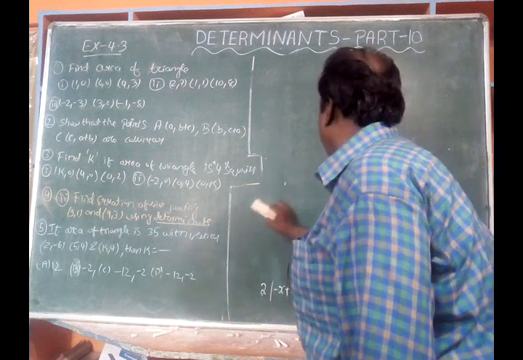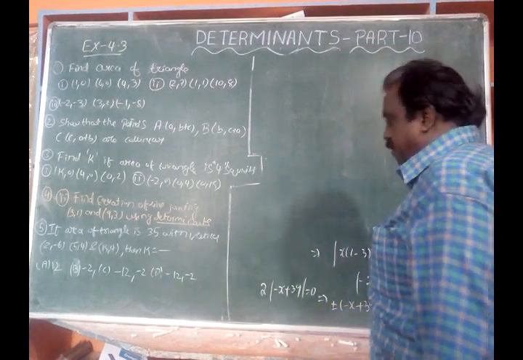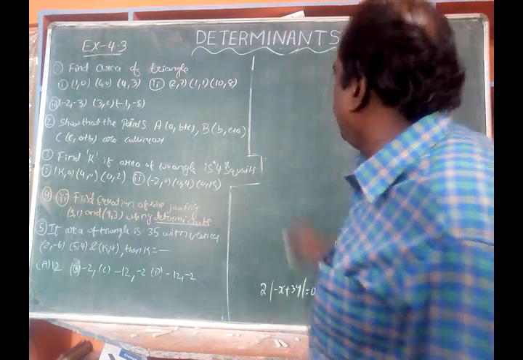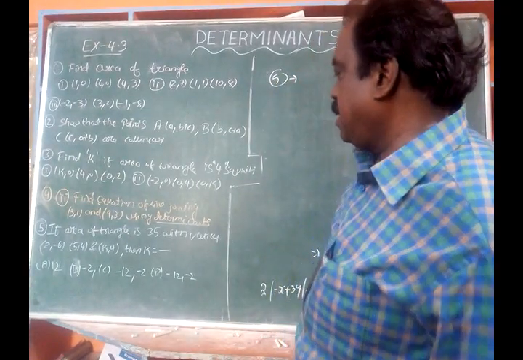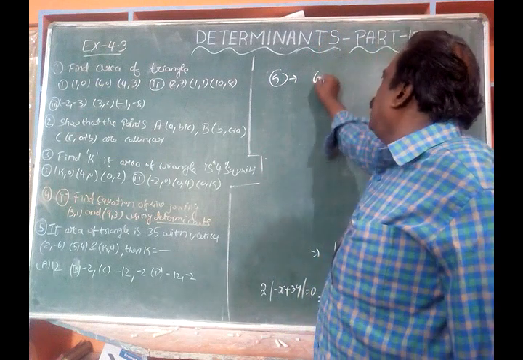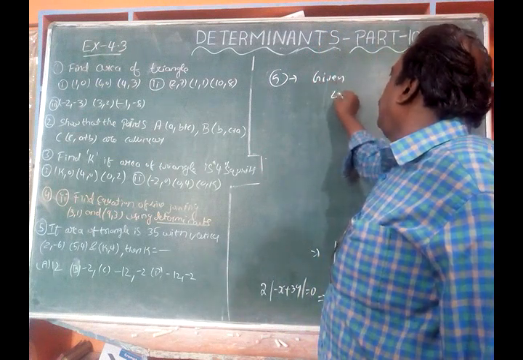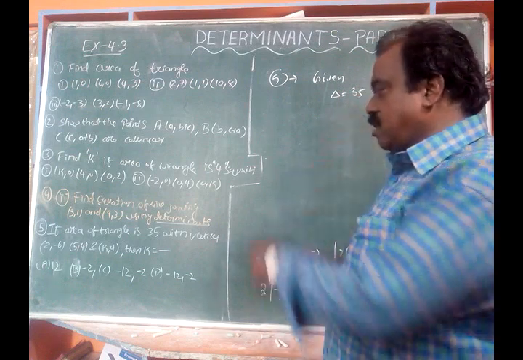The last one I want to explain, the fifth one. It is an objective type question. The area of the triangle is 35. Given delta is equal to 35 square units.